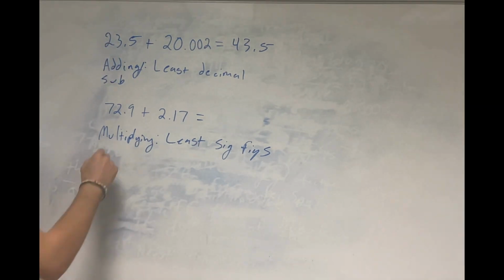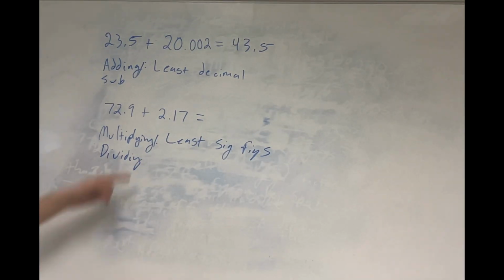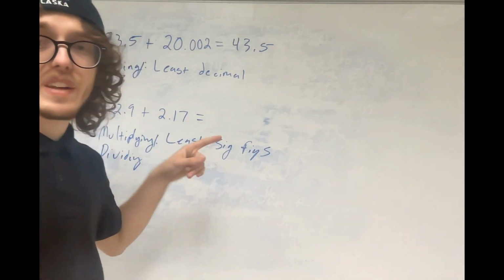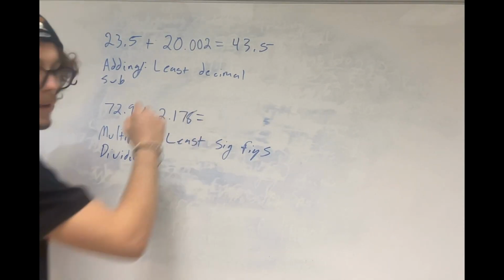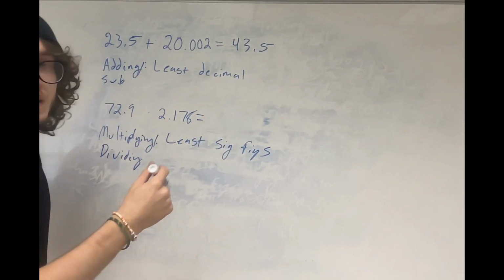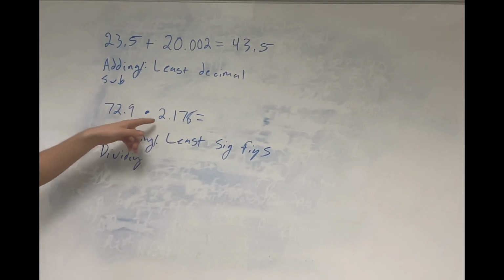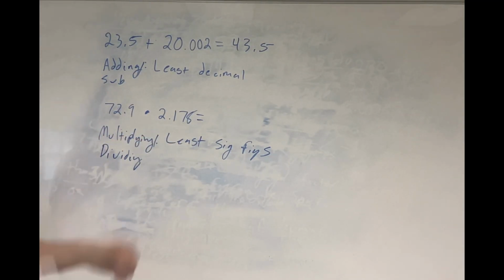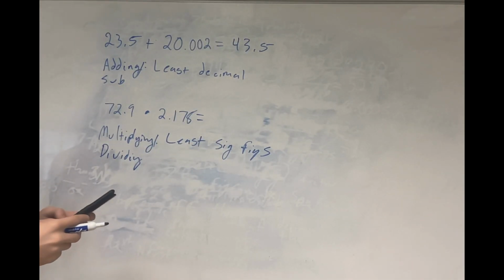Okay, what about multiplying or dividing? Okay, you're going to use the least number of sig figs available. So maybe I'll just add a little 8 there. And I'll actually multiply the two together. That's important. So we have 72.9 times 2.178. How do we do this? Well, simply first just actually calculate what that is. So in my calculator, I'm going to plug that in.